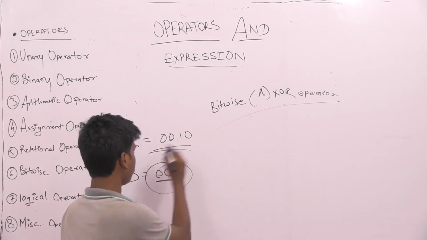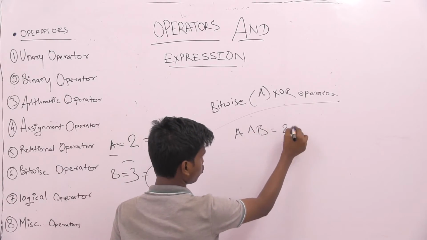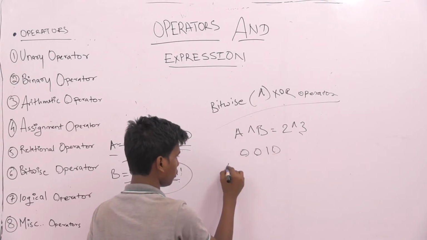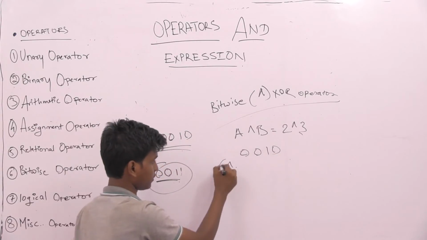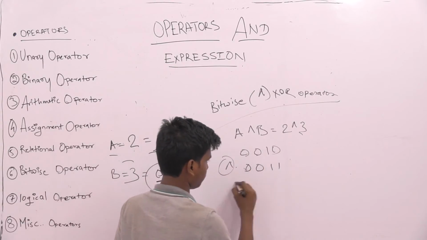Now if we put A XOR B, that is 2 XOR 3, let us put 0 0 1 0 XOR 0 0 1 1.